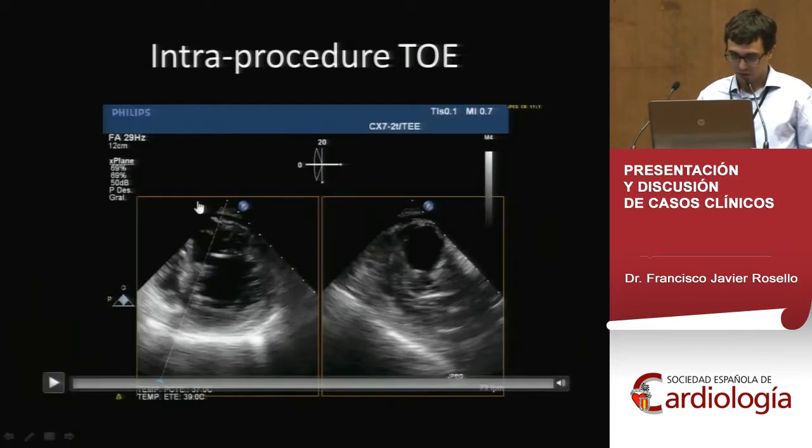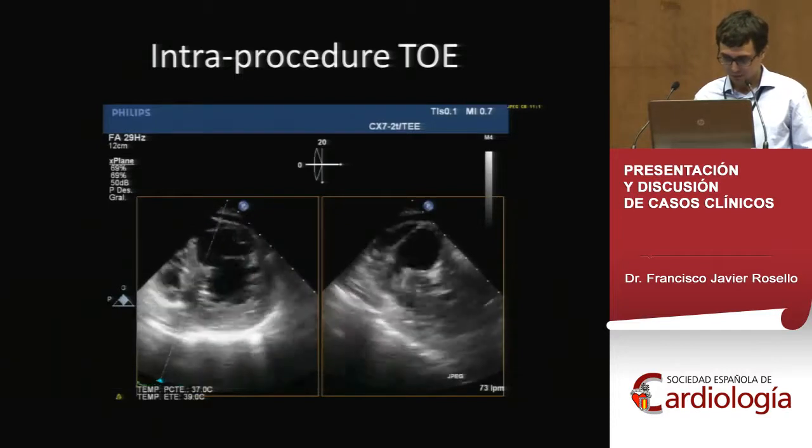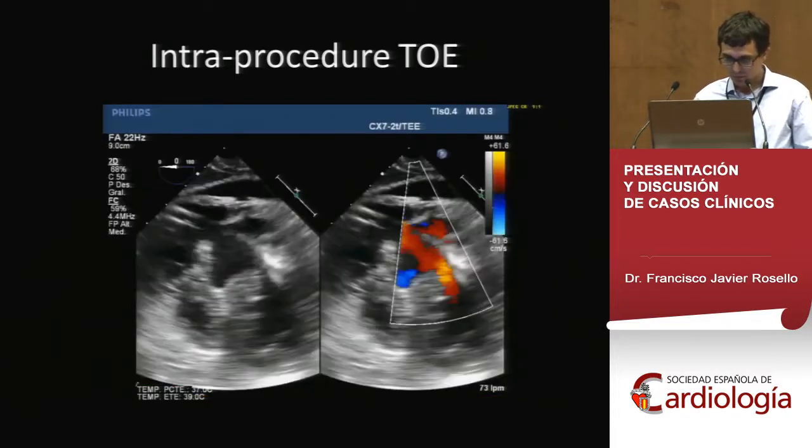Okay. So this is the intraprocedural transesophageal echocardiography that confirms the defect.